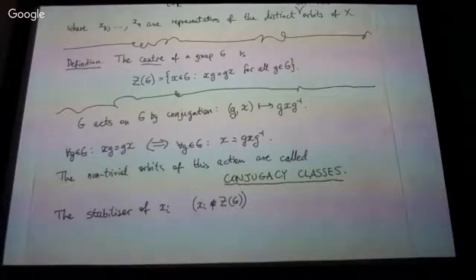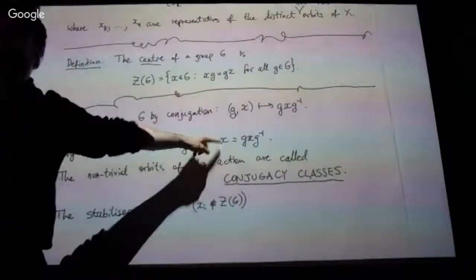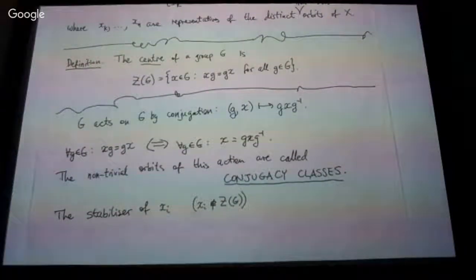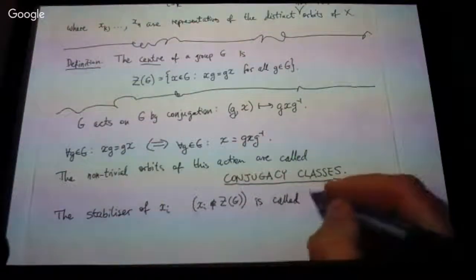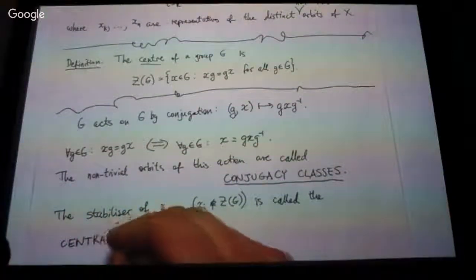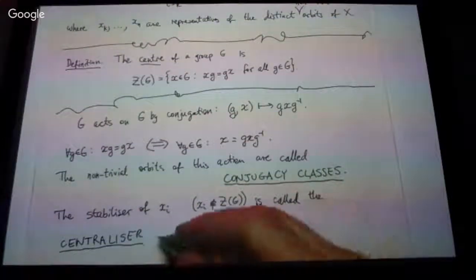So the stabilizer of an element in the center is the whole group G, because everything keeps it fixed. So everything is in the stabilizer. But if it's not in the center, then the stabilizer is called the centralizer of its own.